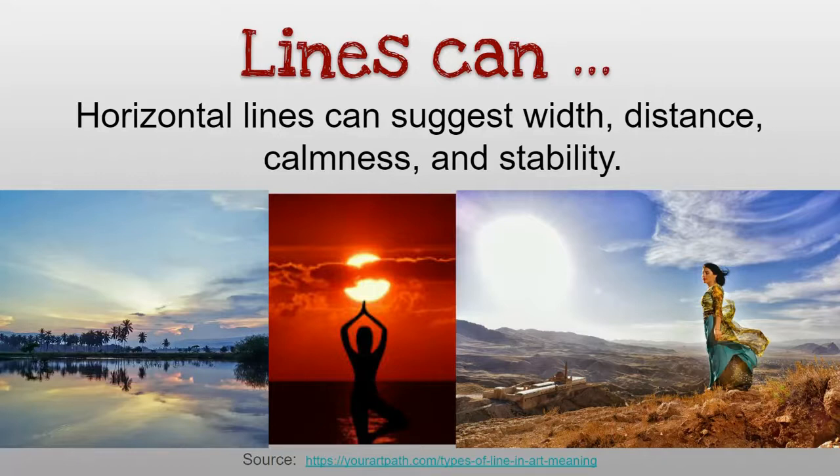So that's 3 examples of pictures that have a lot of horizontal lines. And you can see in the picture where it has the woman, even the clouds have horizontal-ish lines that give you that feeling of peace and calm.